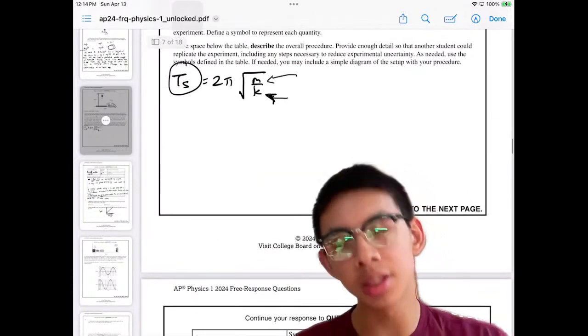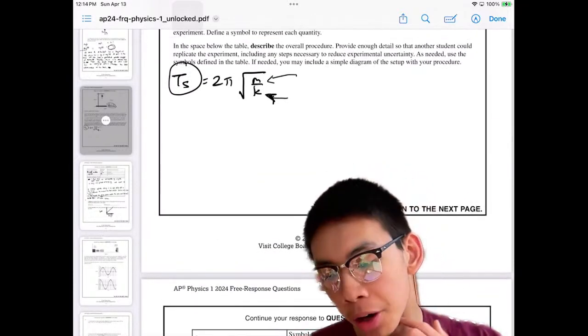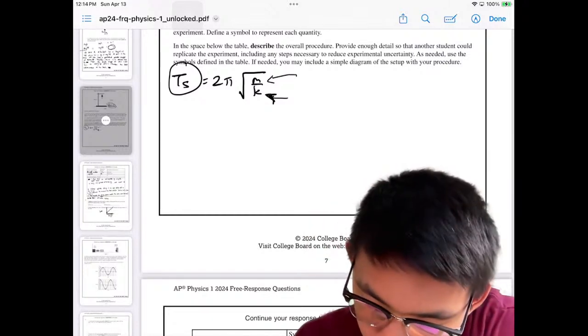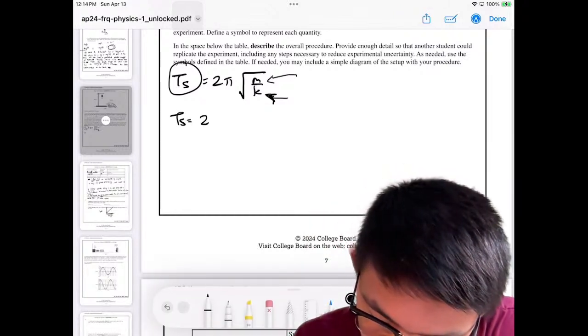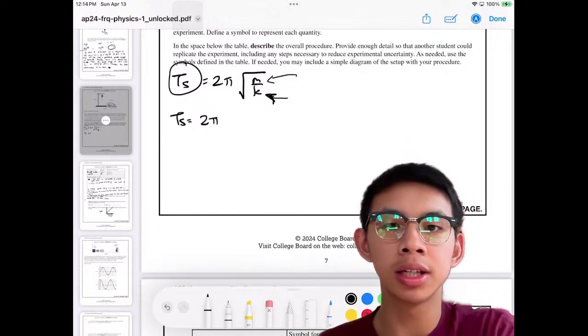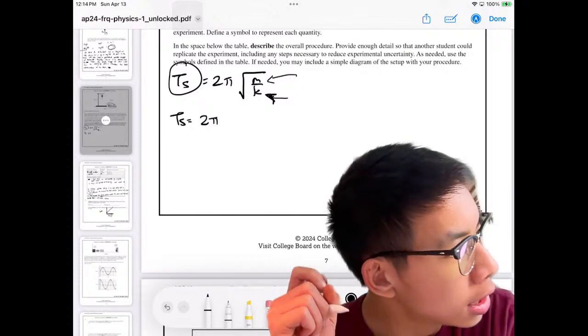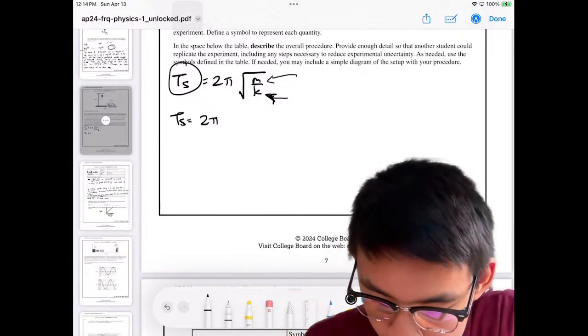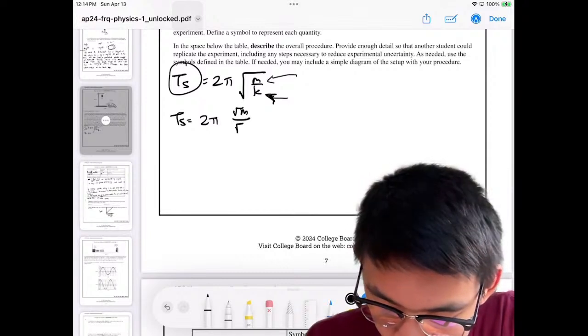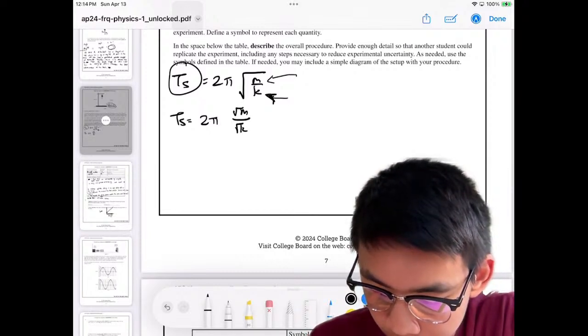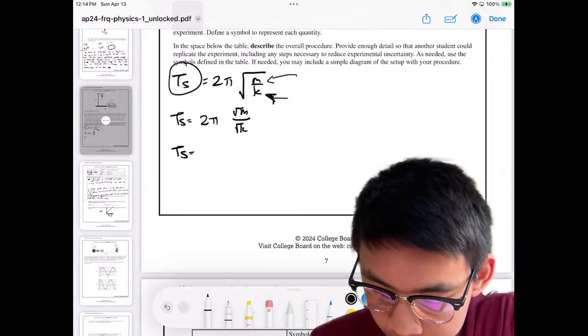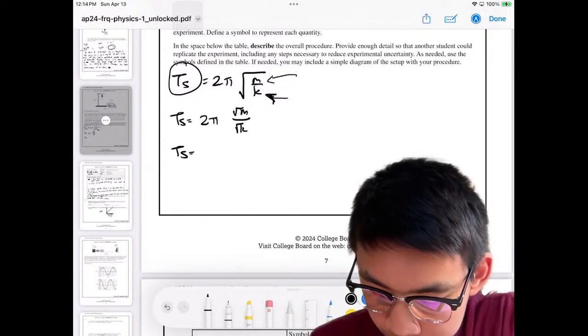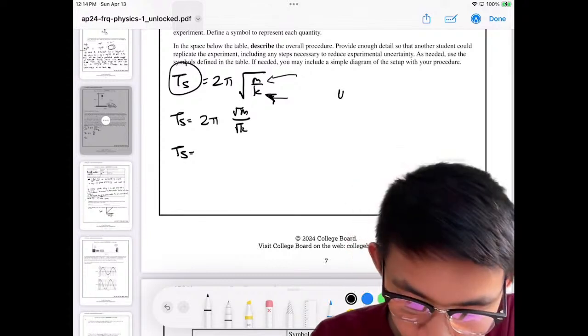Independent variable means mass. So I need to get this m out of this square root. TS equals 2 pi root m over root k, because I need to make sure that the slope is something related to k. So y equals mx, right?